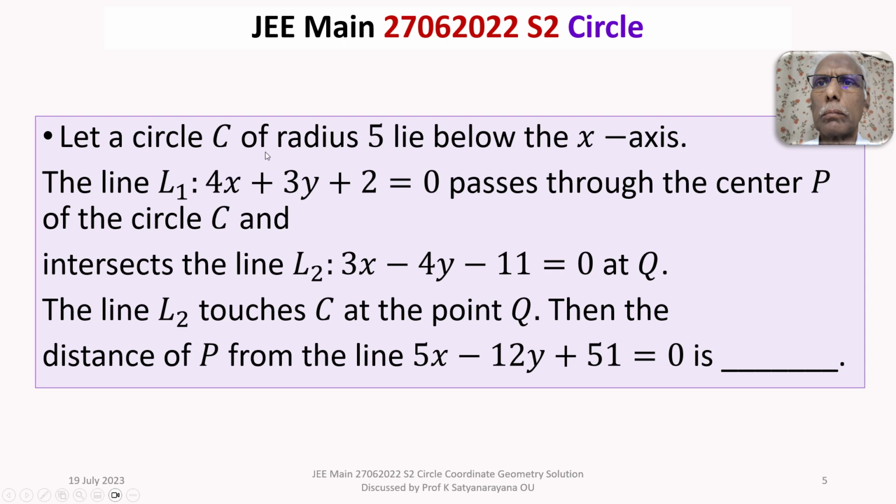We have a circle C of radius 5 and it is given that this circle C lies below the x-axis.